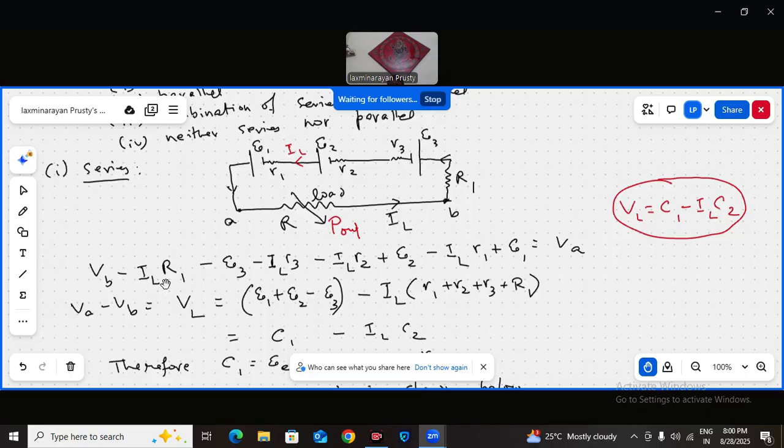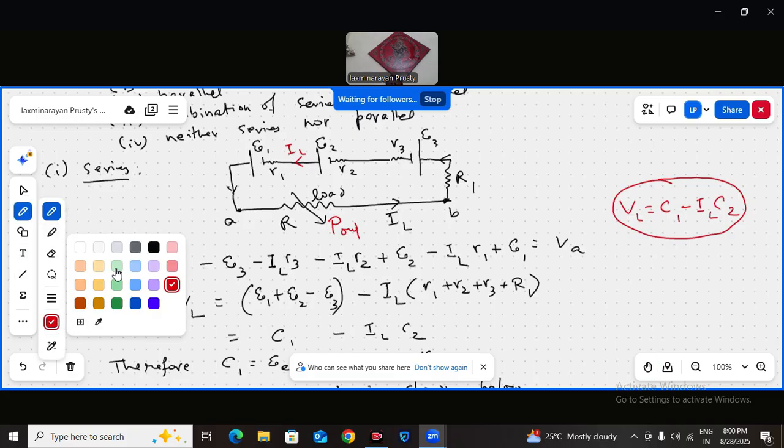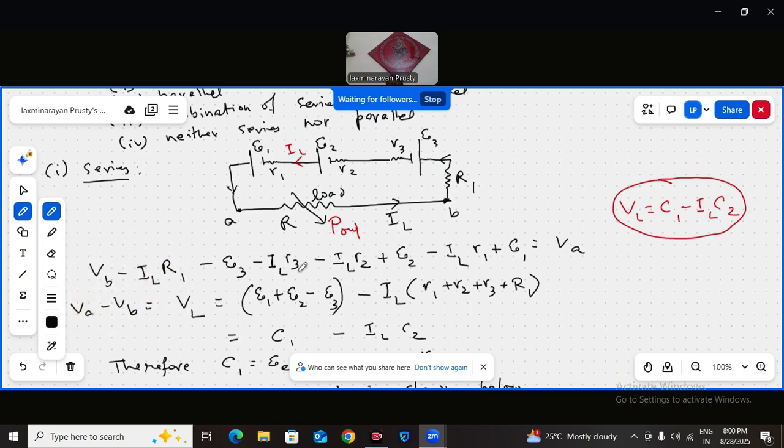Again I'm passing through the resistance in the current flow arrow mark direction. So I'll have a drop of potential minus IL R3. I made a mistake, I wrote it here as R1 VB, no, sorry, it is correct one. VB minus IL R1 minus E3 minus IL R3, perfect, minus IL R2 plus E2, because minus to plus I am going.